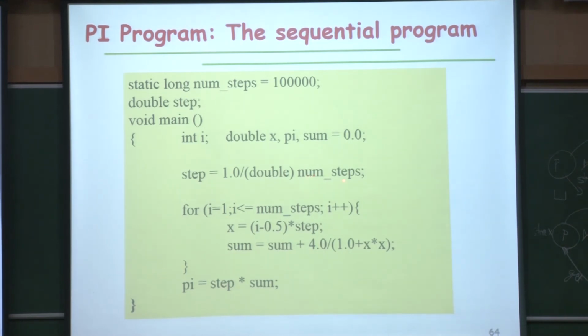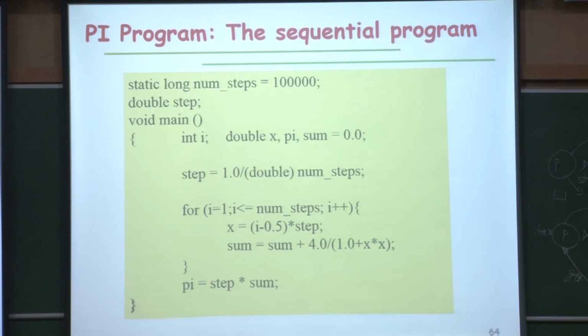You do it for a number of steps, and the smaller the width of the strip, the more accurate your pi value would be. That means you would have to have a very large number of steps. For example, here I have taken 100,000 steps. The nice thing is that this part of the computation, calculating x and maybe even this value, could be done in parallel.